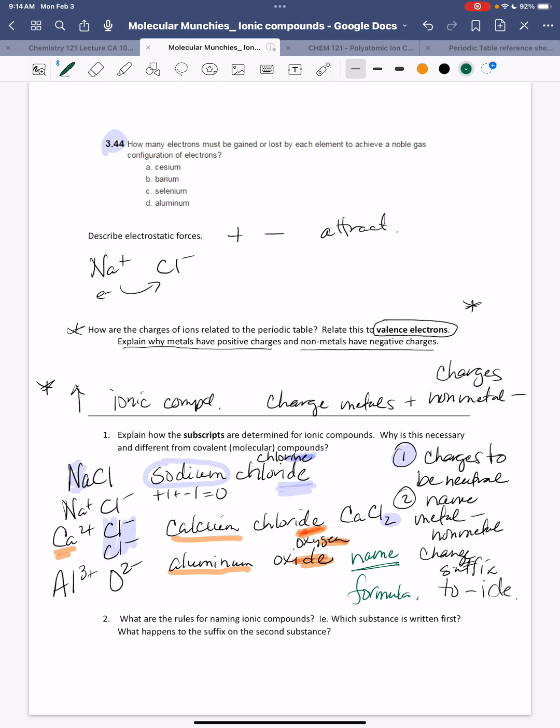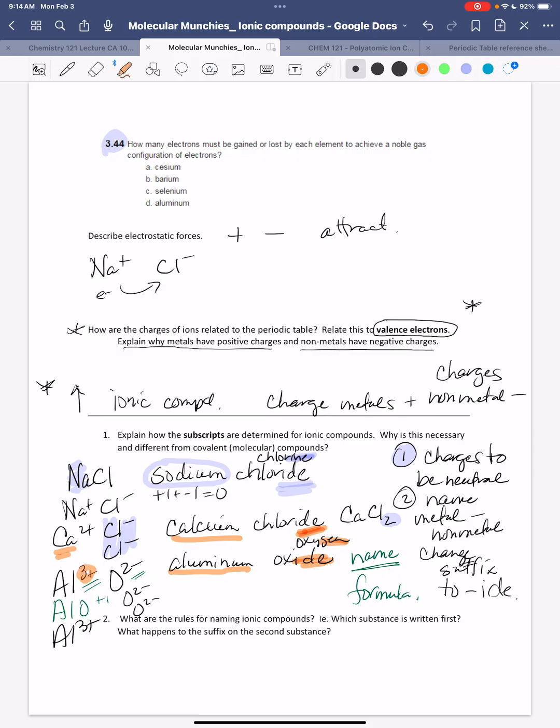And we want these to be balanced, right? And so here's where it gets a little bit mathy. We want to make these neutral. And so if I put aluminum together with oxygen right now, it would be a +1 charge because +3 and -2 are +1. But if I take a second aluminum, Al3+, and 2 more oxygens, right?